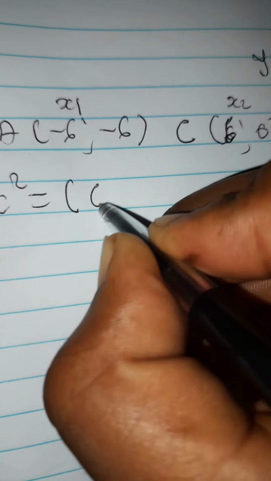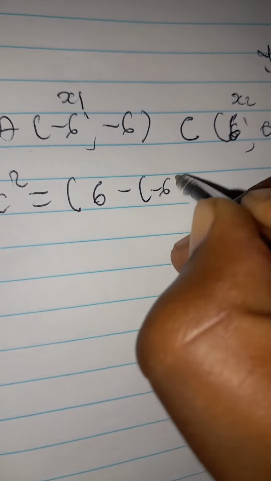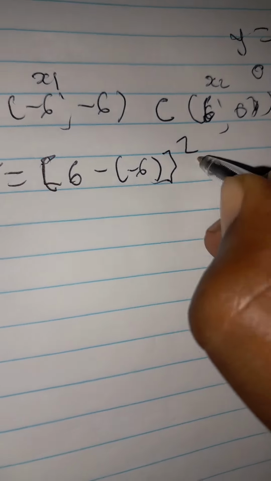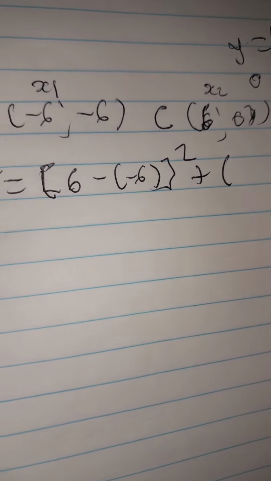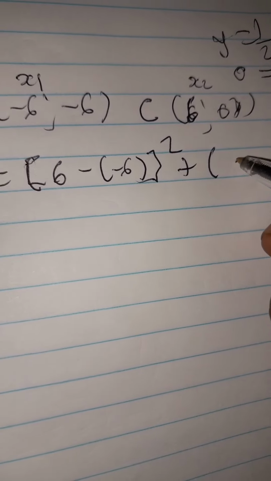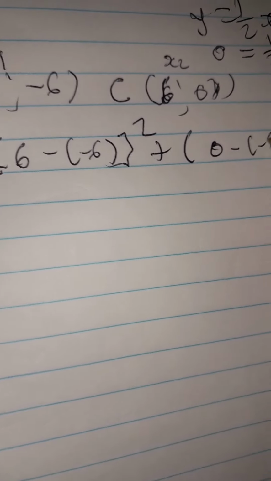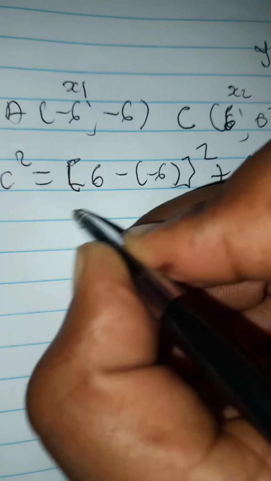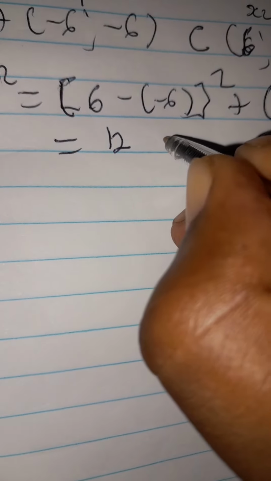So our x2 minus x1 is going to be 6 minus negative 6, in brackets, squared, plus our y2 minus y1, which is 0 minus negative 6, squared there. When we square this, negative 6 and 6 is the same as 12, and 12 squared is going to be 144.